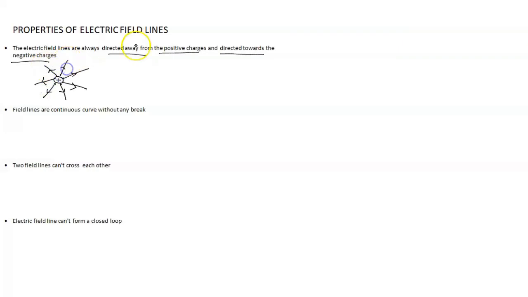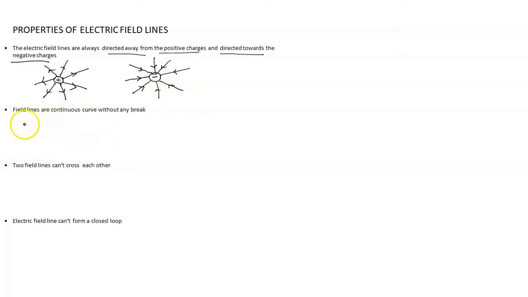And if we have one negative charge, the electric field lines are always directed towards the negative charge. So these two are the representations of electric field lines for a positive charge and a negative charge.